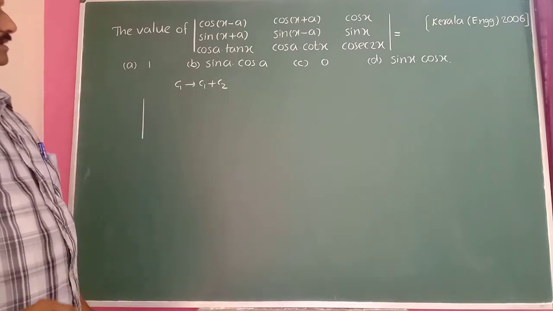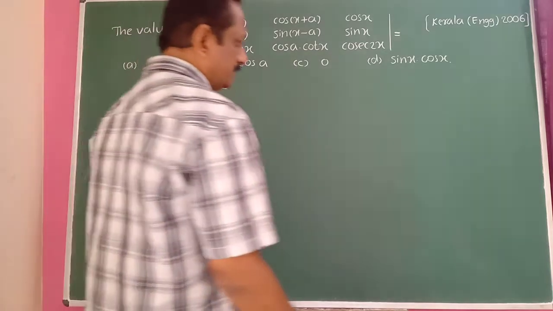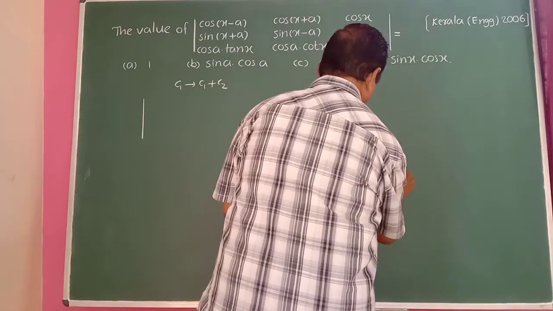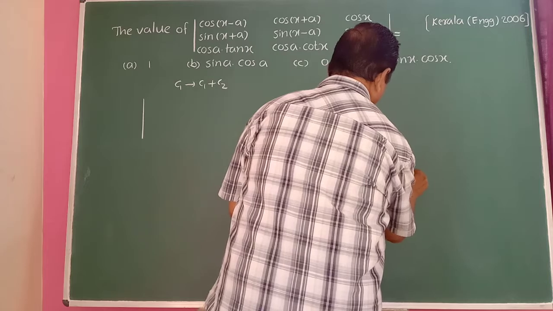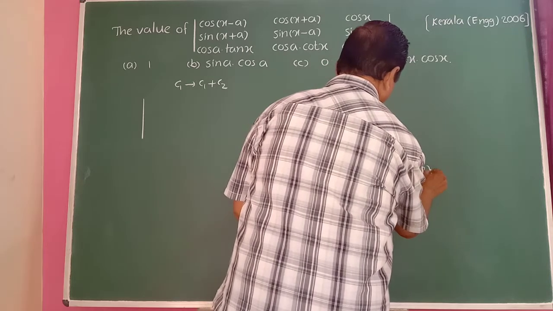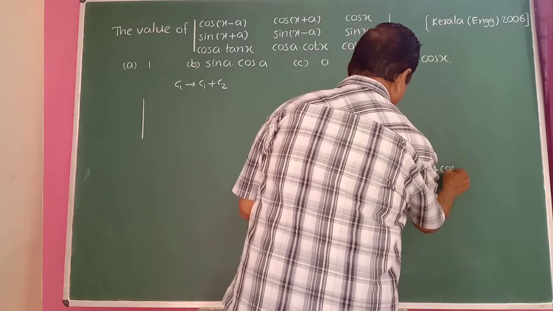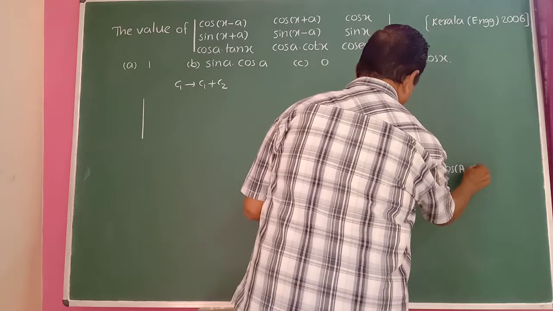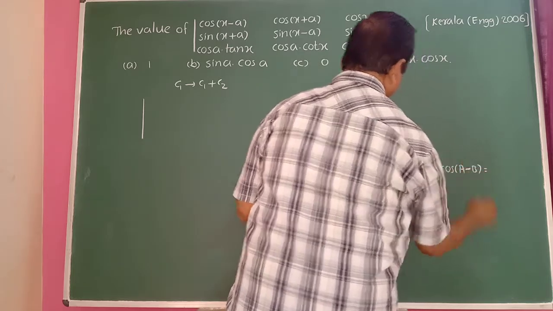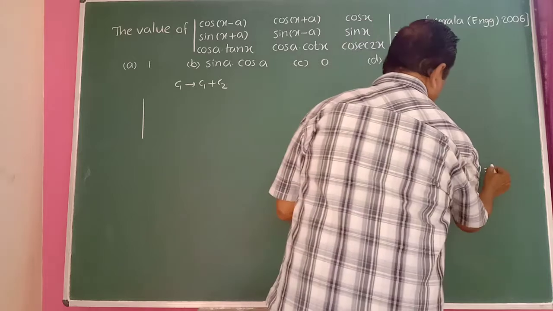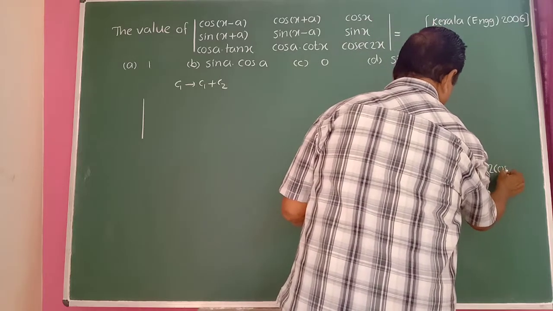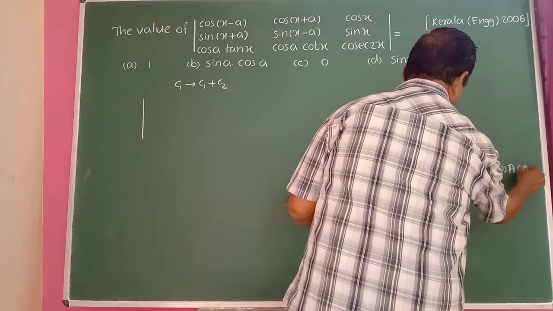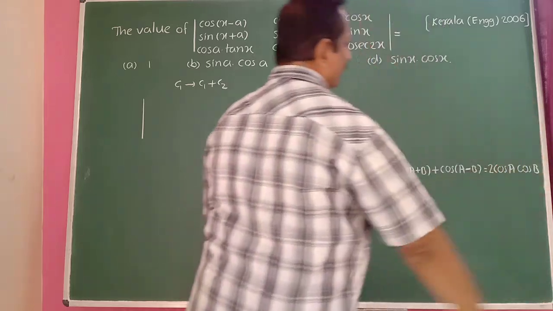In trigonometry, there is a formula. So cos of a plus b plus cos of a minus b is equal to 2 into cos a into cos of b.